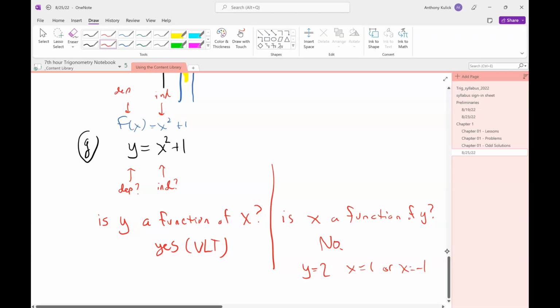Because 1 squared is 1 and 1 plus 1 is 2. And negative 1 squared is 1 and 1 plus 1 is 2. So this would be one domain going to two separate ranges.